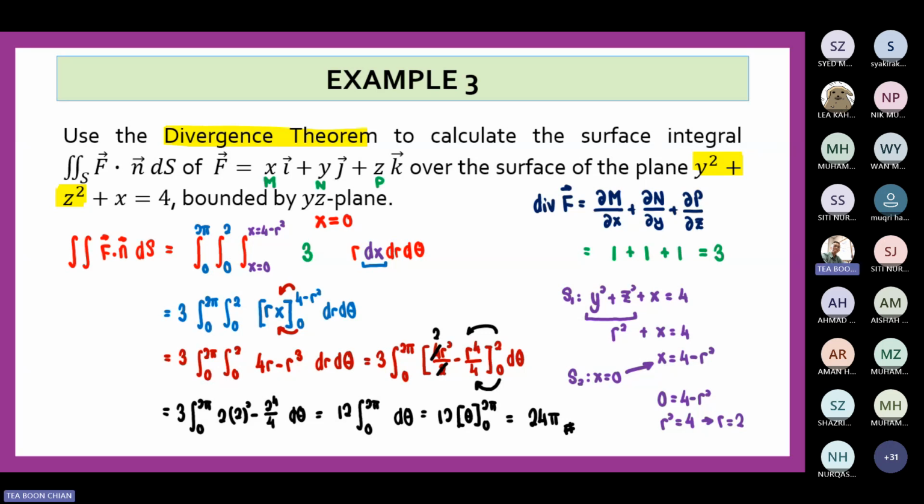So basically, this example 3, I want to pick to begin with, just to let you know also that sometimes the cylindrical coordinate system can happen in any axis. All right, since this question talks about being bounded by the YZ plane, which is x equals 0, which means now this x variable will be fixed.